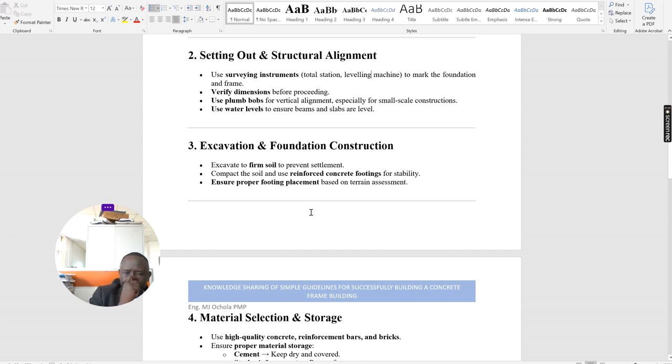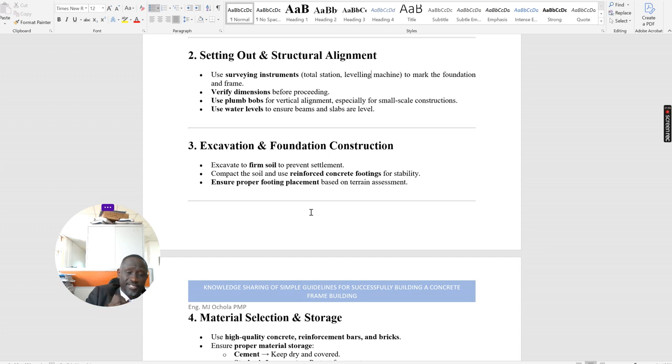Excavation and foundation construction. Once you are done with setting out, then you move to excavation. Of course, you have to be mindful that the setting out facilities, those profile boards which they use for setting out, especially for simple frames, need to remain in position, because every time something happens, you have to cross-check the dimensions. Therefore those benchmarks, the temporary benchmarks, and other markings that have been transferred to the profile boards should remain.